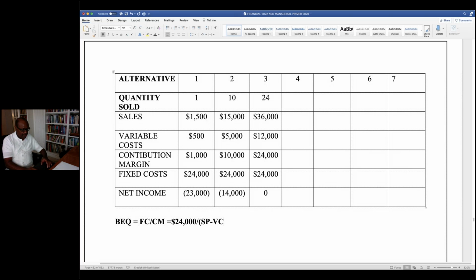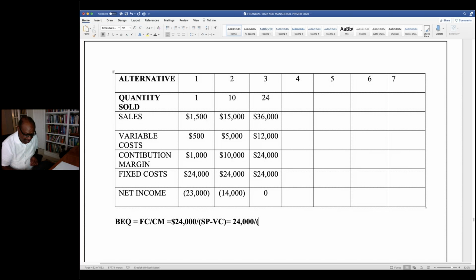So this is then gonna equal what? 24,000 divided by what?